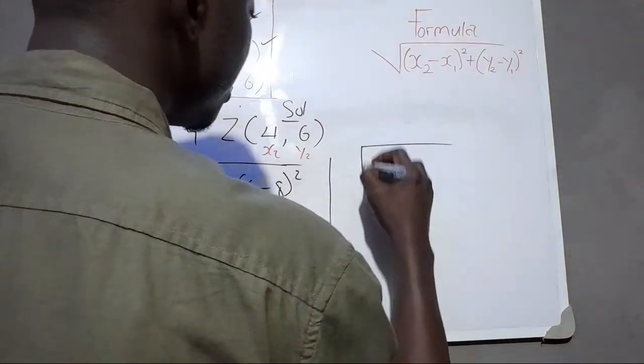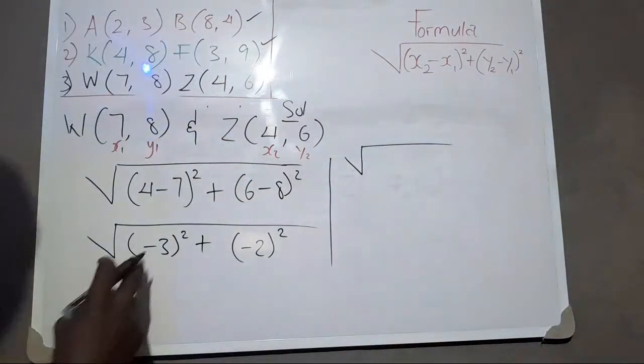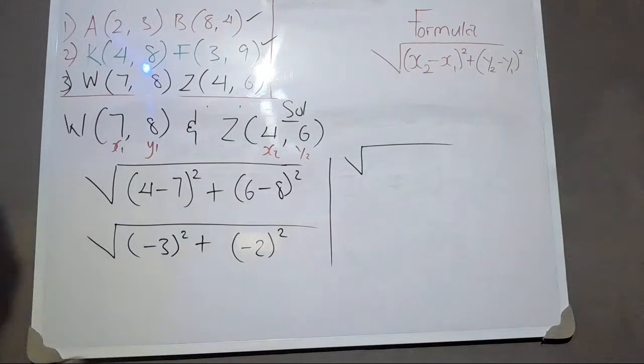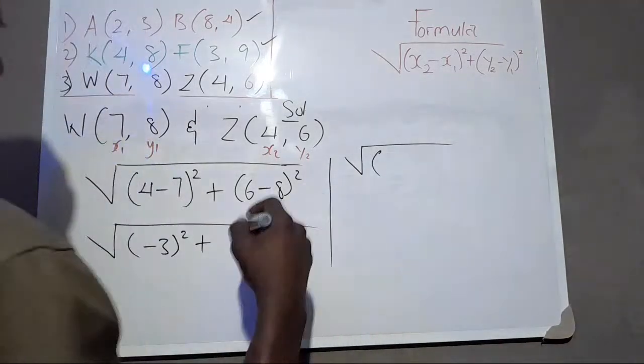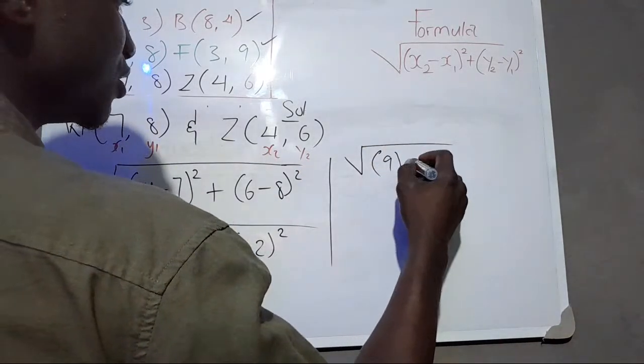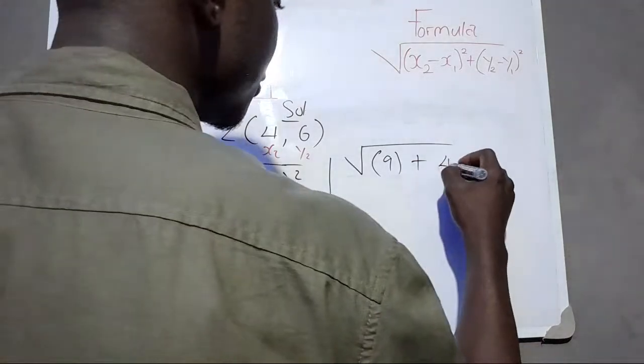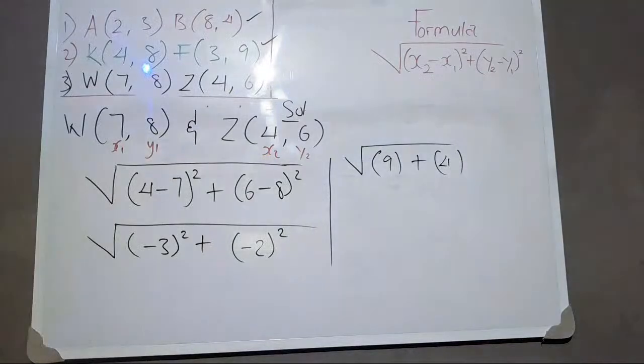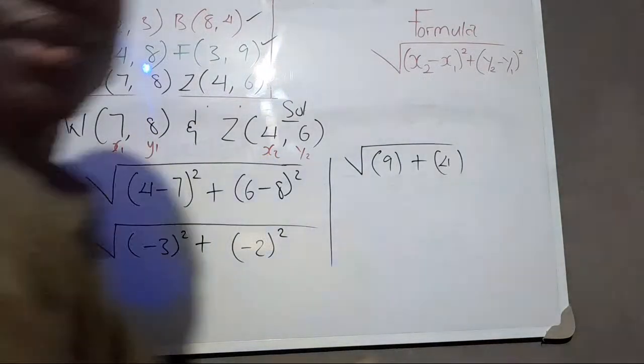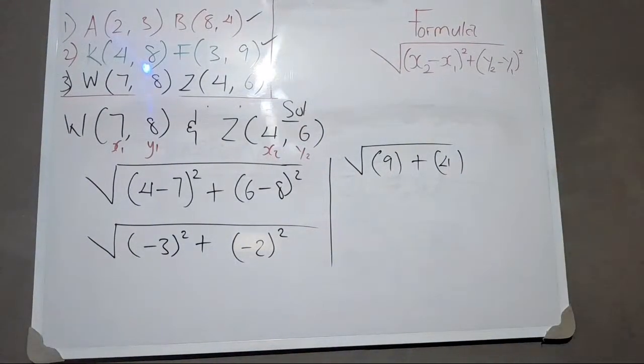We have it here. So this is 3 raised to power 2 is 9, and this raised to power of 2 gives us 4, if I'm not mistaken.